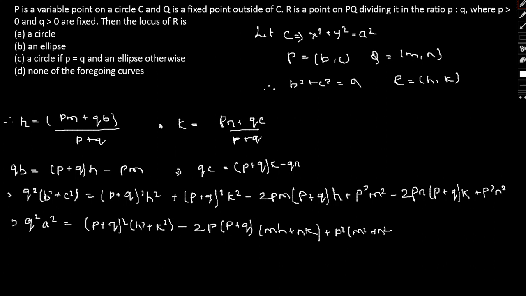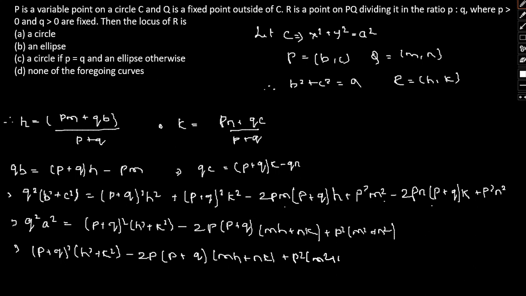Okay, we have taken common terms here, and these two commons again, p square (m square plus n square). Then finally (p plus q) whole square (h square plus k square) minus 2p(p plus q)(mh plus nk) plus p square (m square plus n square) minus q square a square equal to 0.